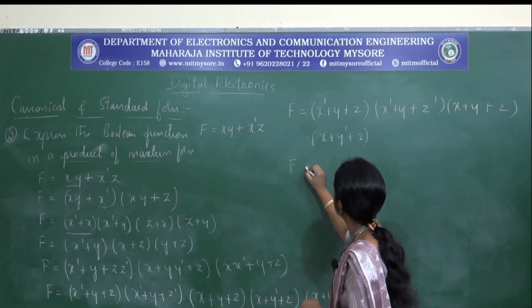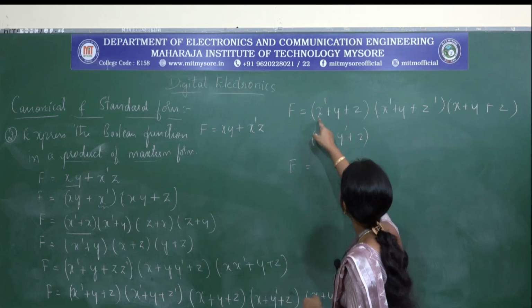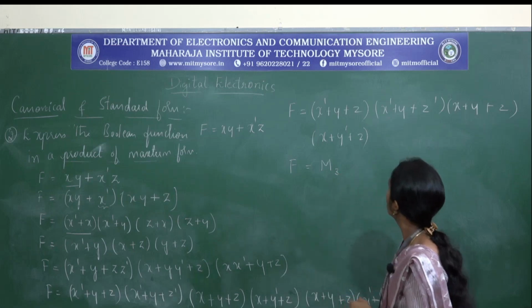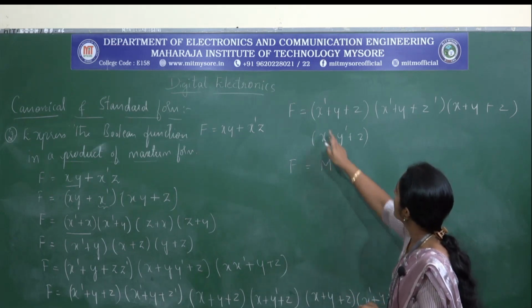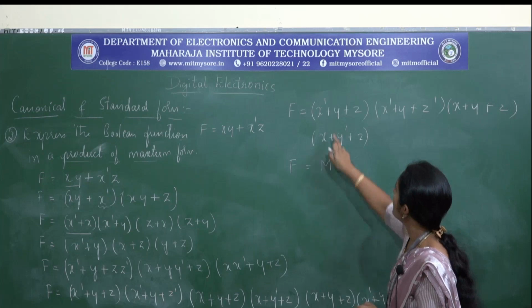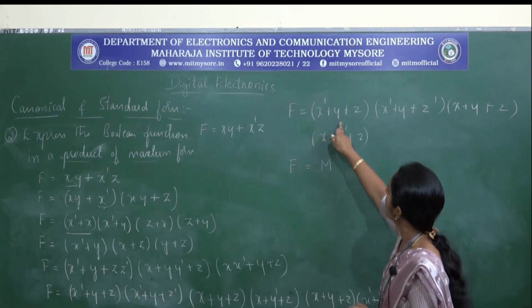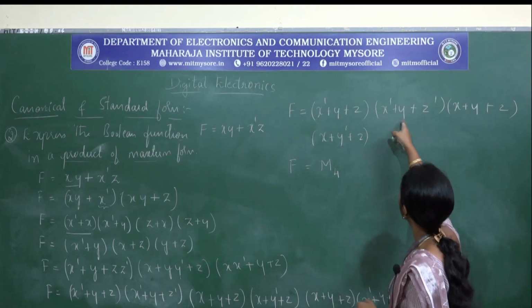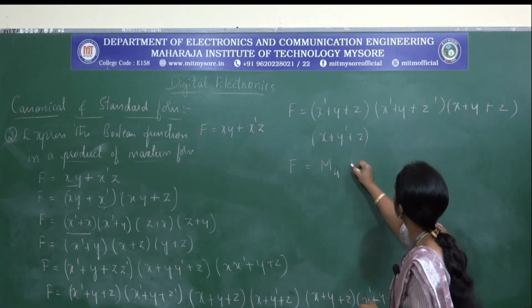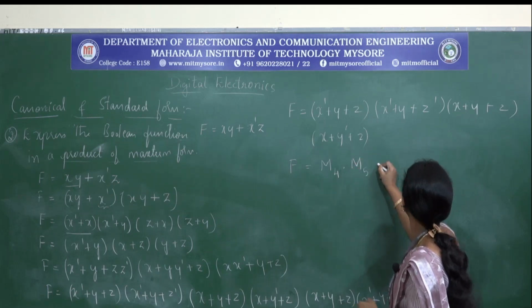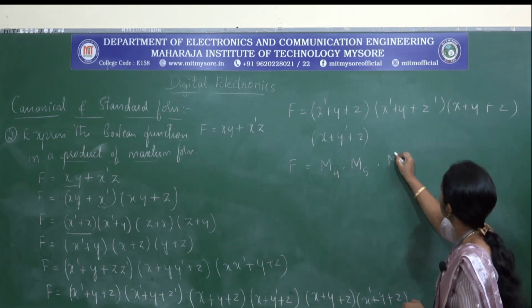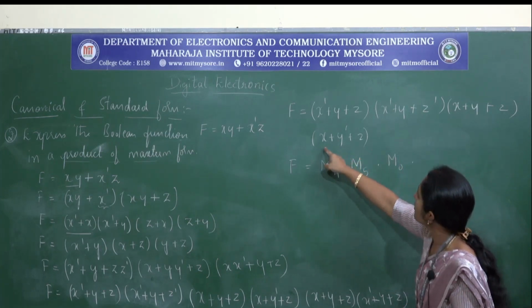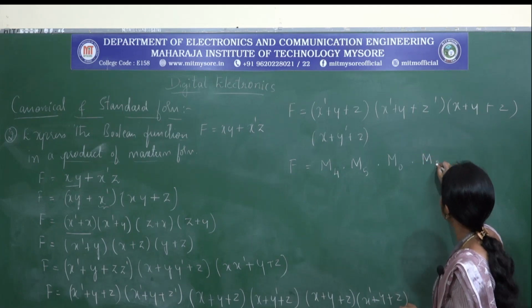Further, this can be written as, sorry, this is Maxterm notation, therefore this is 1, this is 0 0, so this is M4, this is 1, this is 0, 1 0 1 is M5, next we have M0, next we have 0 1 0, which is M2.